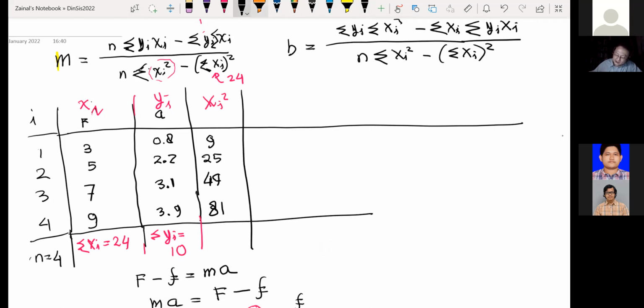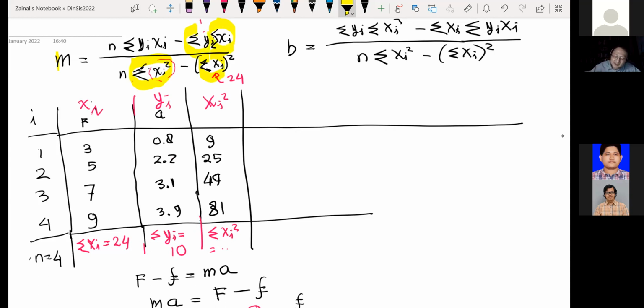Okay. And this one is sigma xi squared equal to something. So this one is finished. Sigma xi is finished.